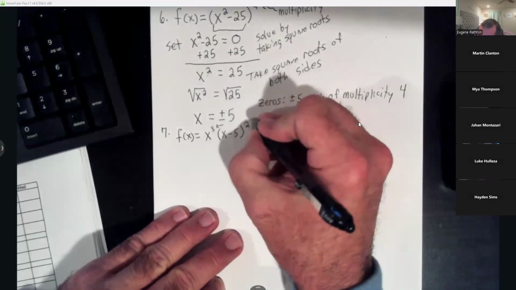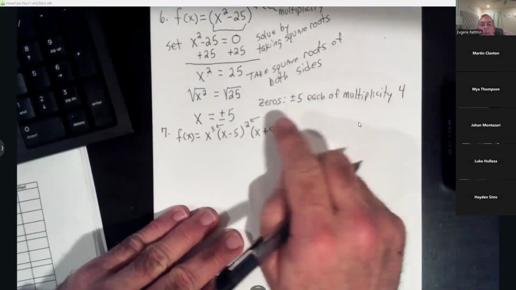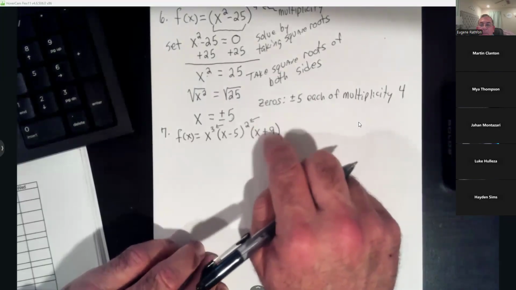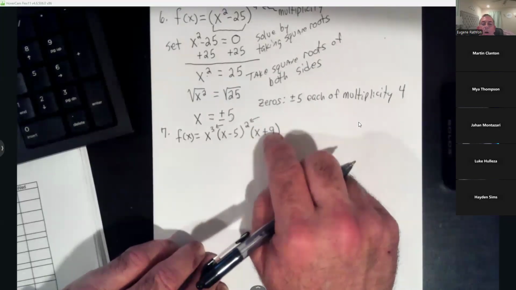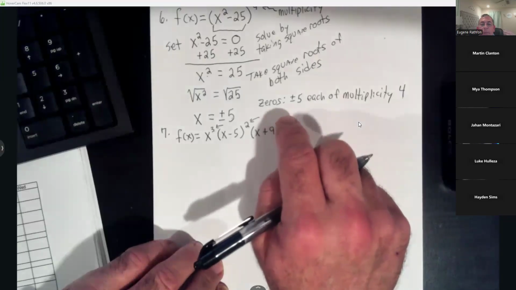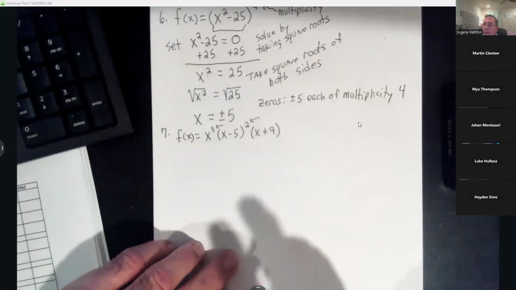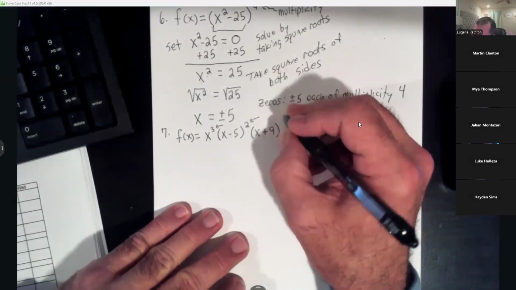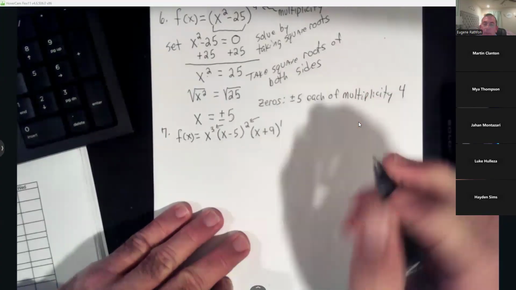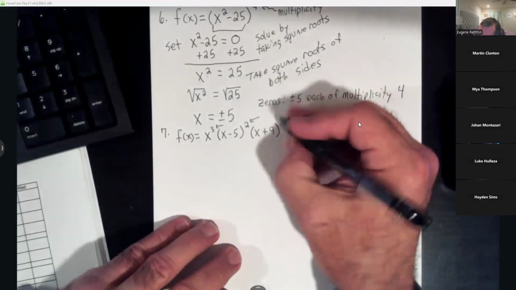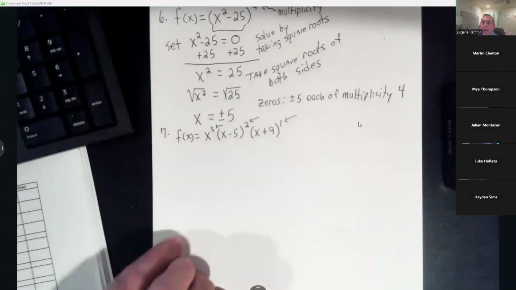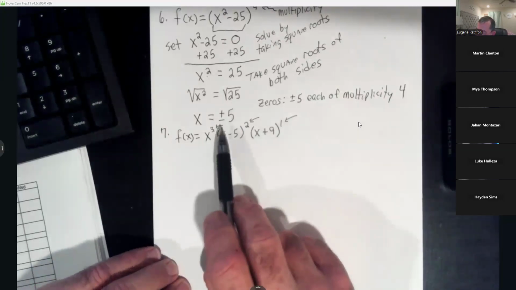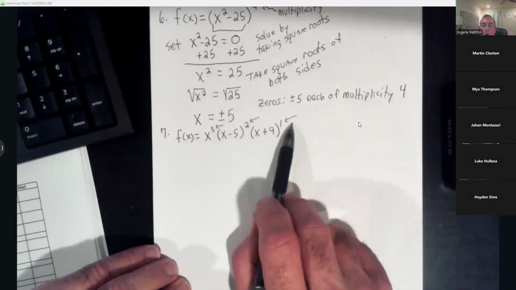The second one has a multiplicity of 2. But y'all, there's not an exponent outside of this x plus 9. So what exponent would we treat like being there? That is definitely treat it like a 1. So if we do not have an exponent, make that a 1. All right, good job, y'all. All righty, so I know my multiplicities are going to be 3, 2, and 1.